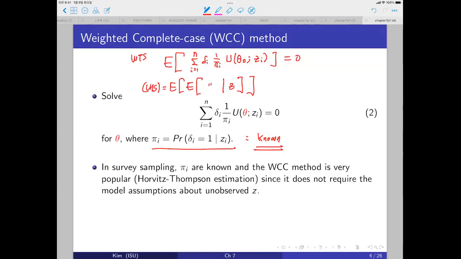Let's condition on z. If you condition on z, this is fixed, and pi is also fixed. The only thing random is delta. Then you can exchange everything. You have the expectation of delta I given C I times 1 over pi I, U(theta 0) and Z I, and then you take the expectation.